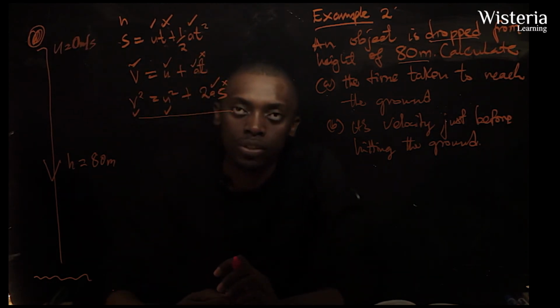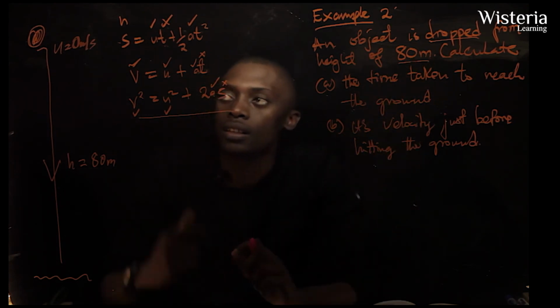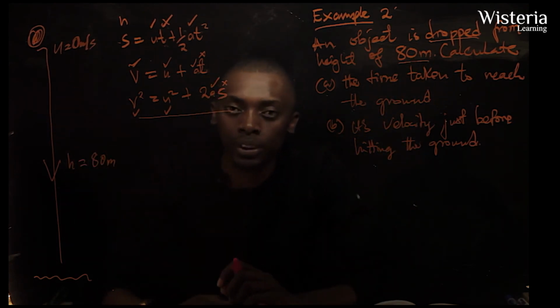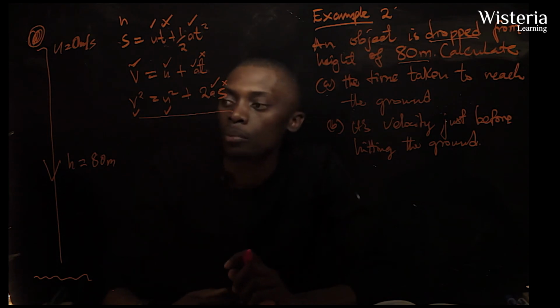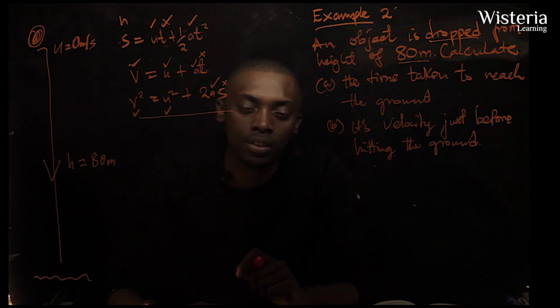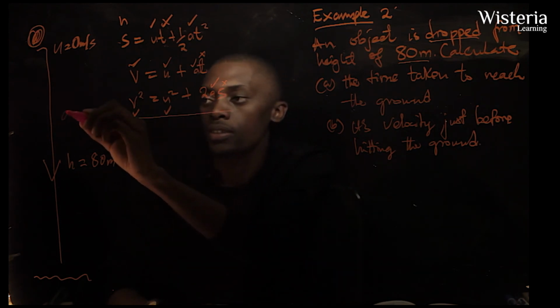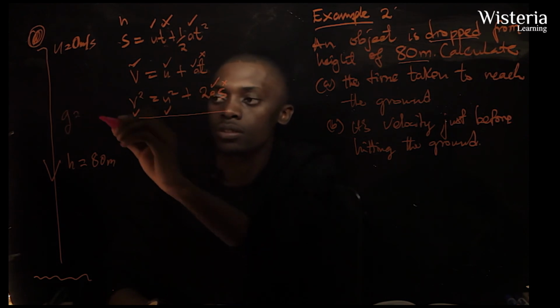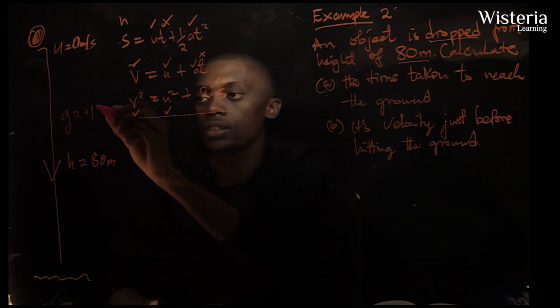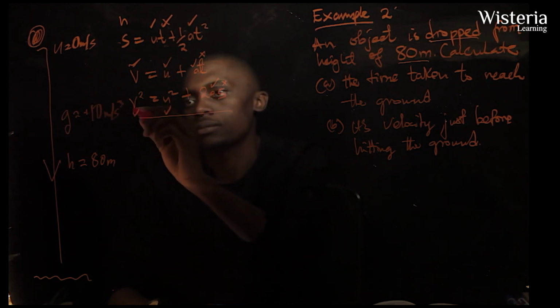So the initial velocity for this object as it falls through this height is 0 meters per second, and because it is falling downwards, in which acceleration due to gravity is also acting downwards, it is experiencing a gravity which is positive 10 meters per second squared.